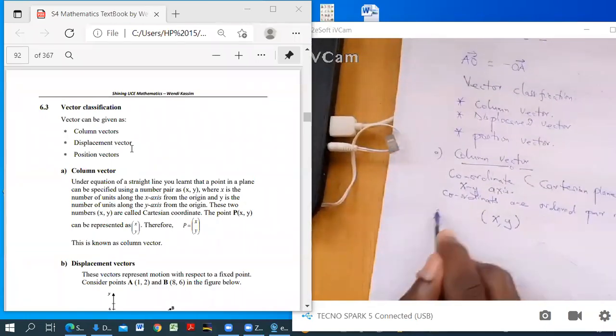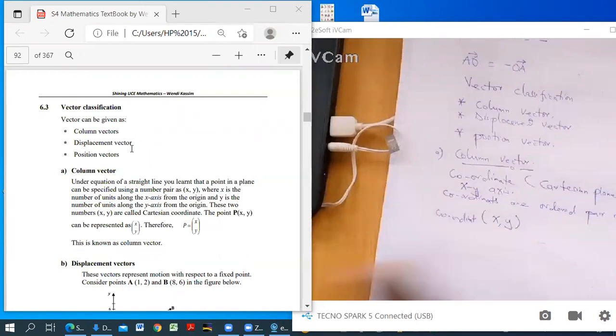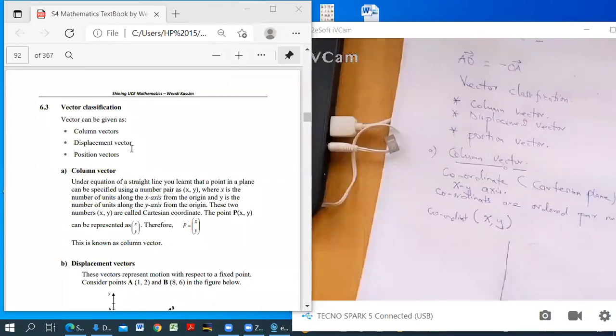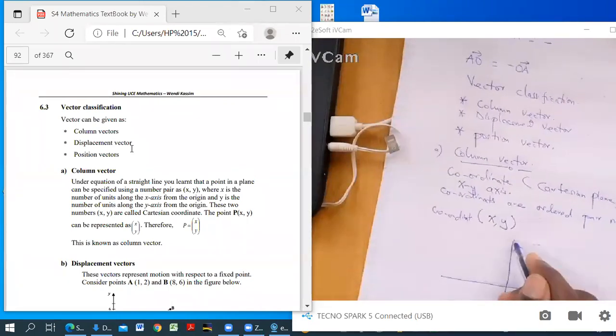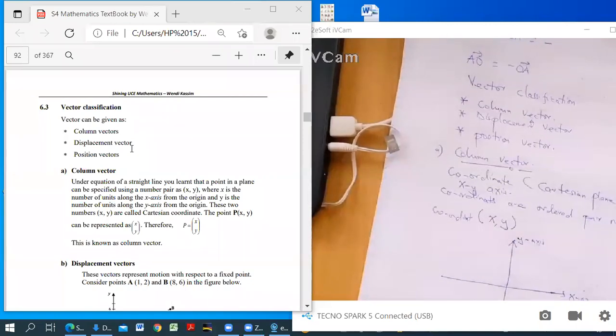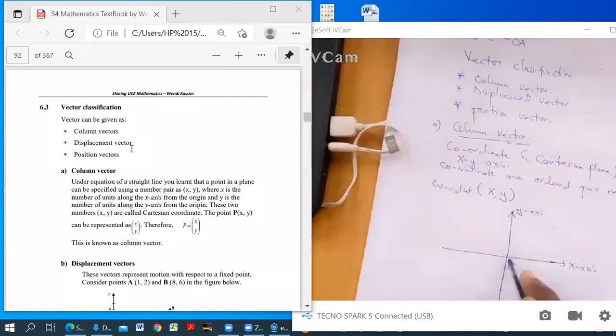So we can change this coordinate into what we call a column vector. I remember when we are reading a Cartesian plane, this is our Y axis, this is our X axis, and this is our origin.